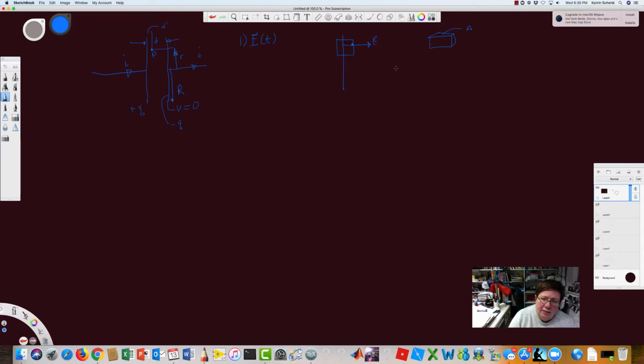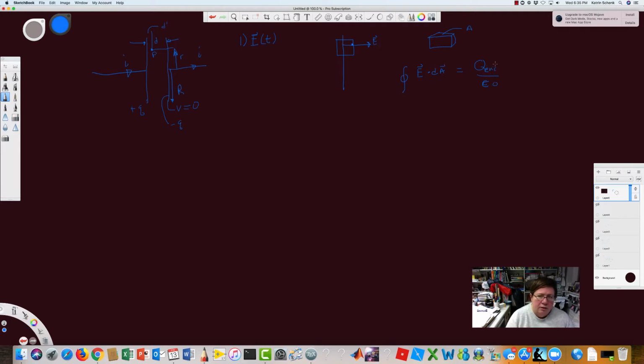So Gauss's law tells us that the integral around this closed surface, this whole surface, of E dot dA is going to be the Q enclosed over epsilon naught. First things first, I like to figure out what is Q enclosed.